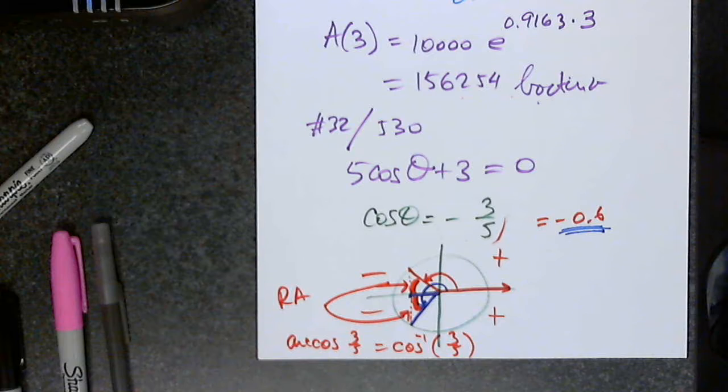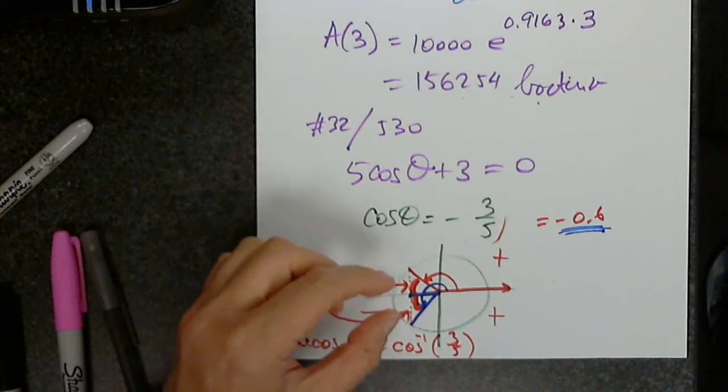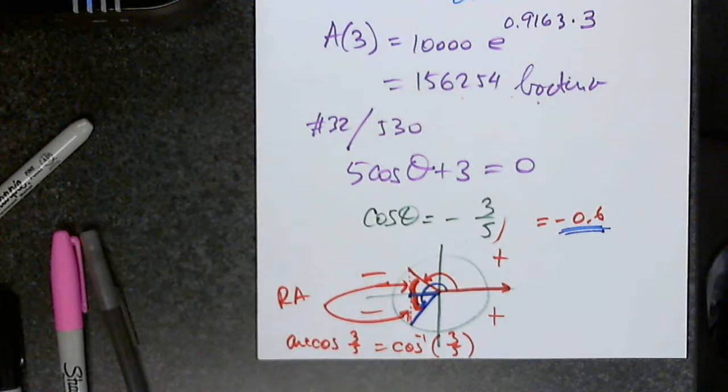Now I have to be careful what I want. Do I want the answer in degrees or in radians? Why would it be cosine inverse of negative? Very good. Because the reference angle is always a positive angle, and the cosine of the reference angle will always be positive. So that's why I disregarded the negative for a second.